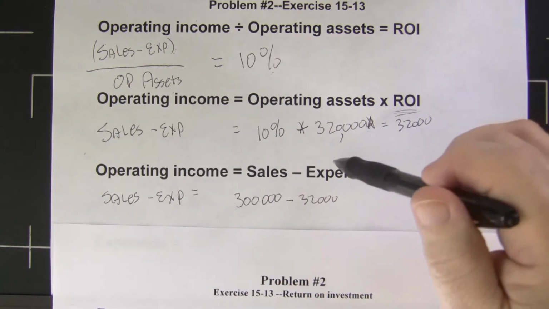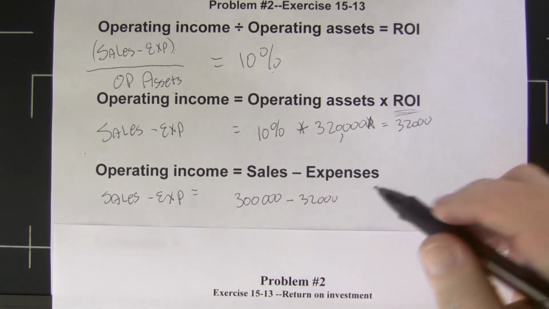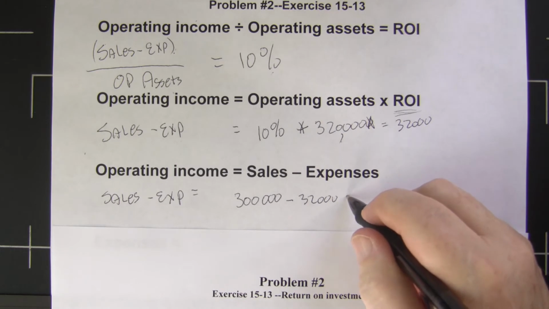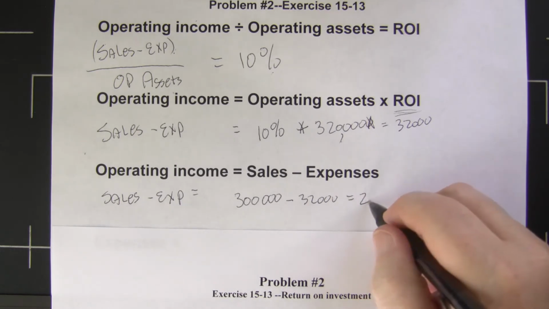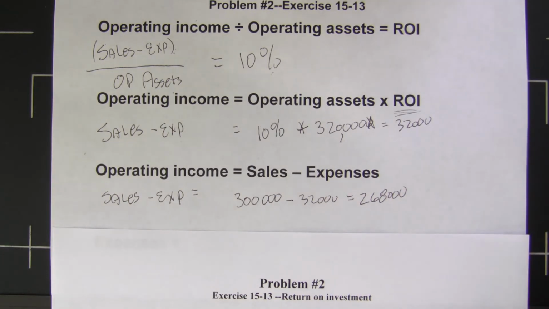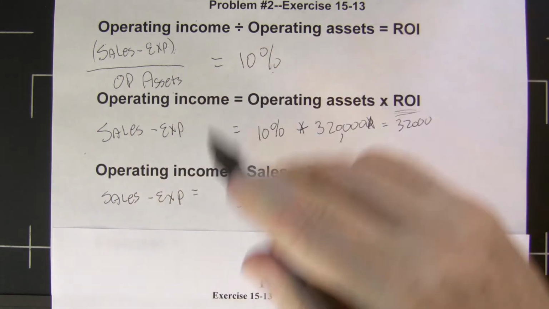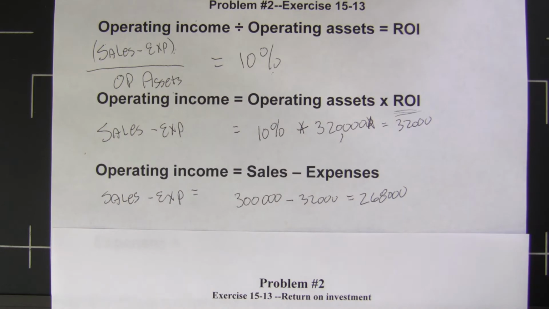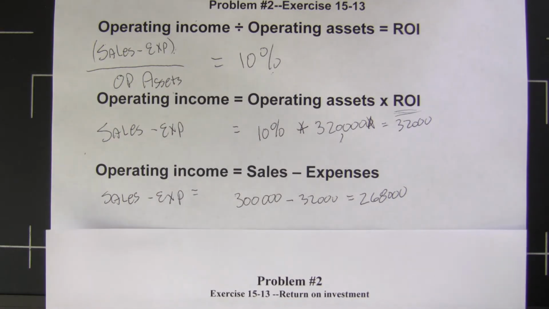That's the expense portion of the sales. So our expenses are $268,000. We had to go way around the block to come up to that $32,000. But once we got to the $32,000, the problem was easy.